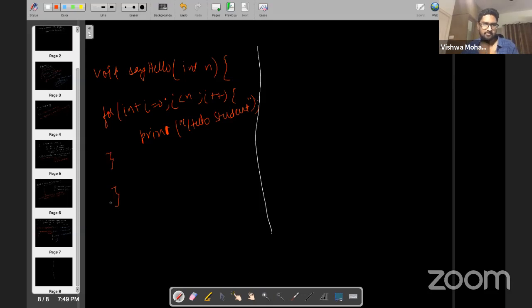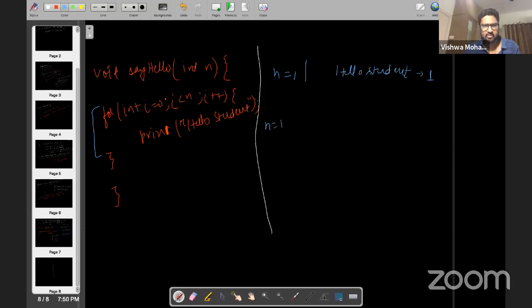Now, for each value of n, suppose n is equal to 1, in that case hello student will be printed one time, because the for loop runs till the i value is less than n. So based on the input size, if n is 1, hello student is printed once.